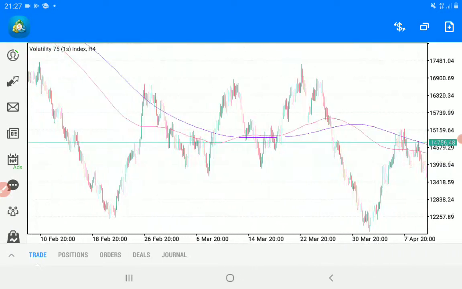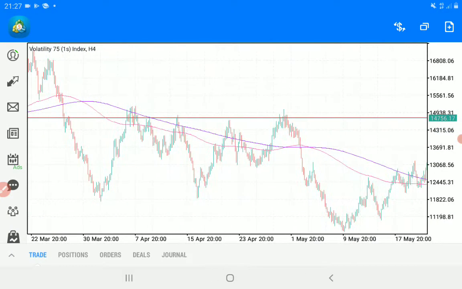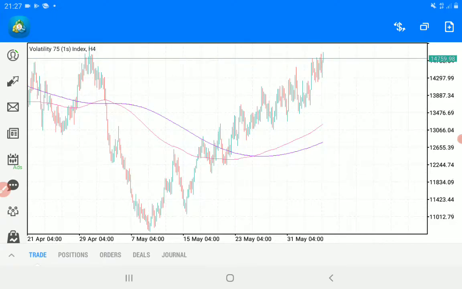For me, I usually use moving averages to indicate whether the market is in an uptrend or a downtrend.